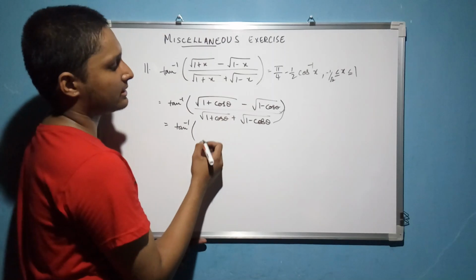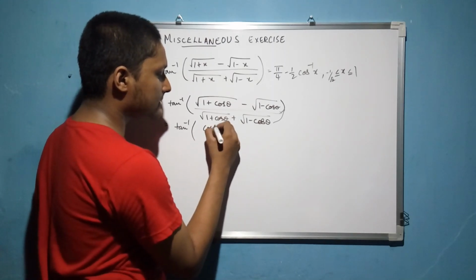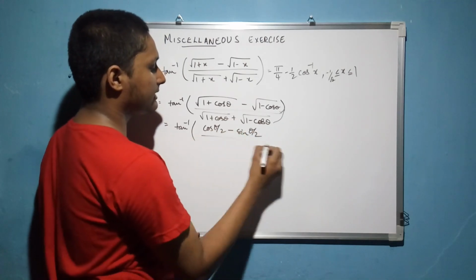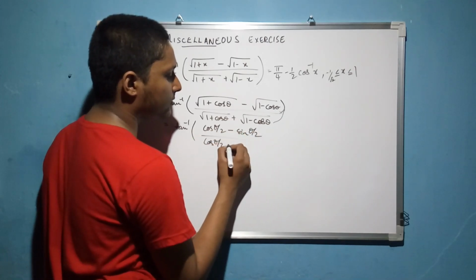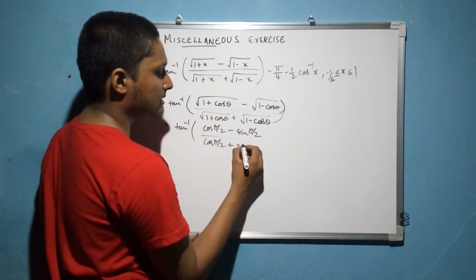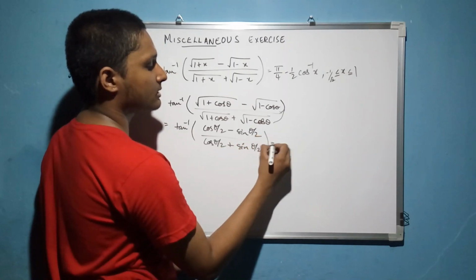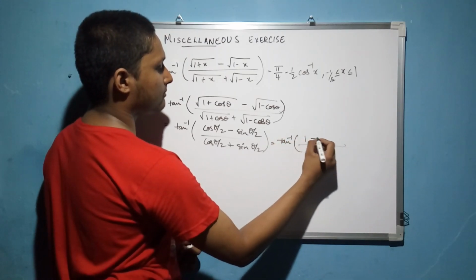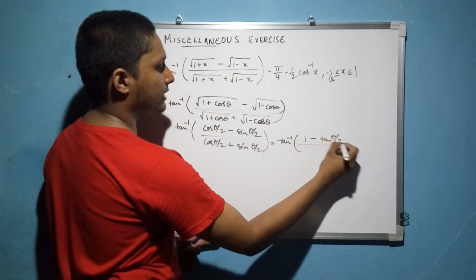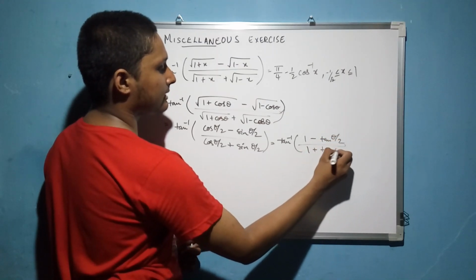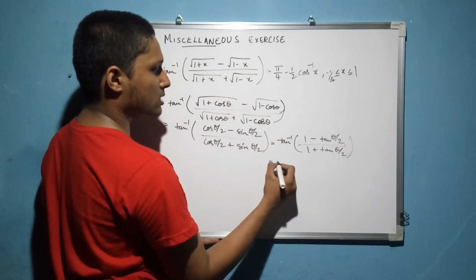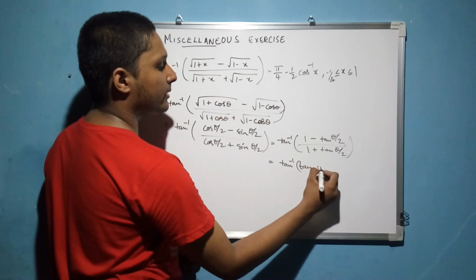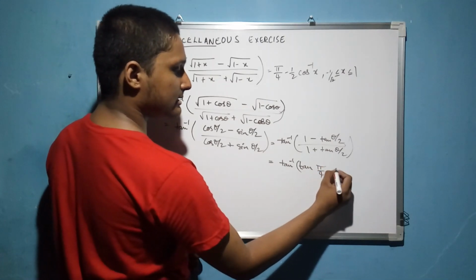So everywhere root 2 is going to get cancelled. At last what you are going to get is cos theta by 2 minus sin theta by 2 divided by cos theta by 2 plus sin theta by 2. At last, after dividing by cos theta by 2, you will get (1 minus tan theta by 2) divided by (1 plus tan theta by 2), that is equal to tan inverse of tan (pi by 4 minus theta by 2).